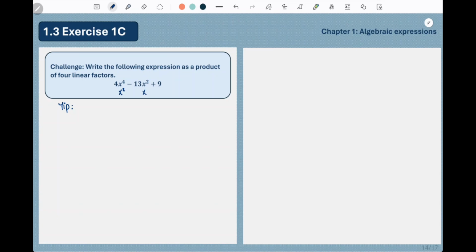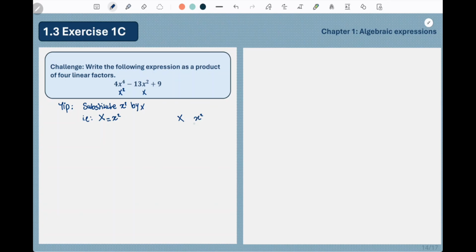So my tip is that I'm gonna substitute x squared by big X. In other words, I'm gonna let X equal x squared, and I'm gonna replace it in the expression, and I'm gonna end up with a quadratic expression, if that makes sense.